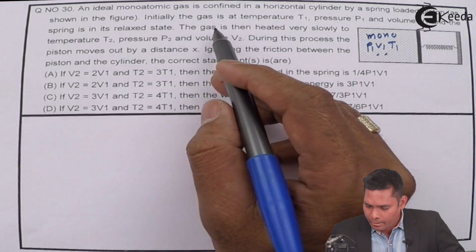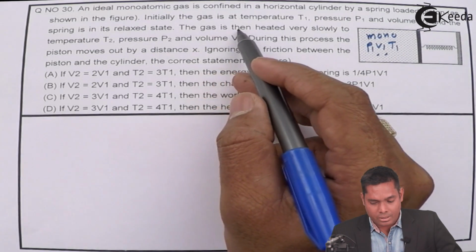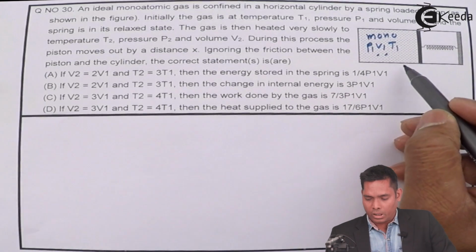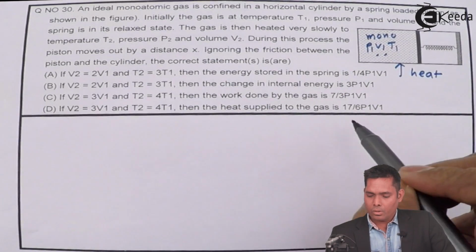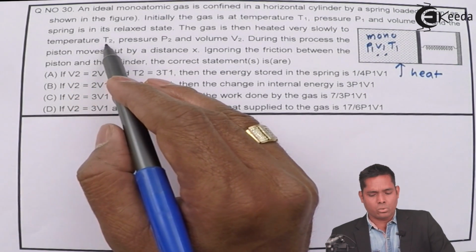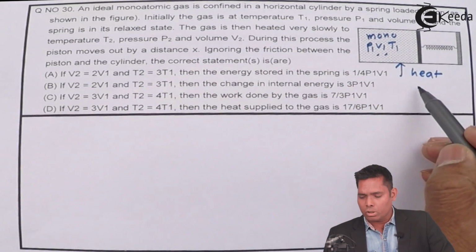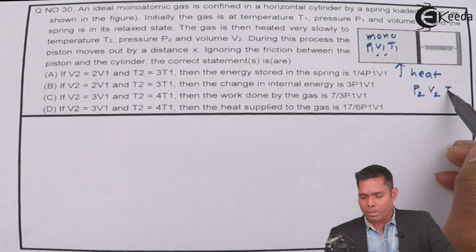The gas is then heated very slowly to increase temperature to T2, pressure to P2 and volume V2.